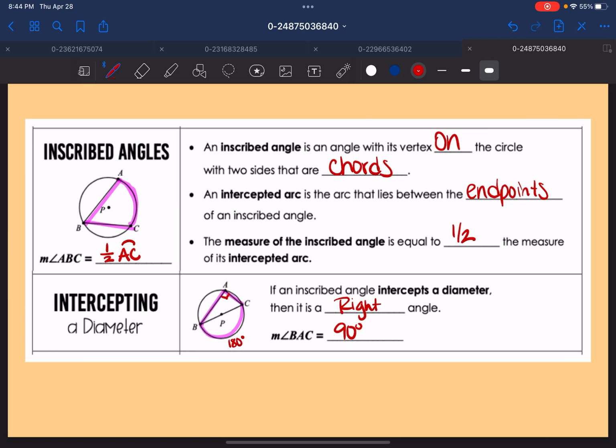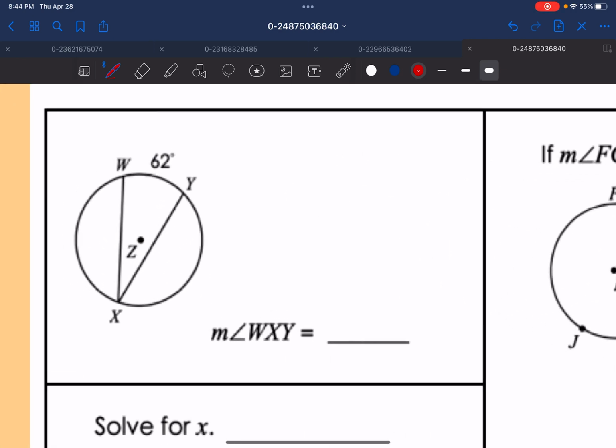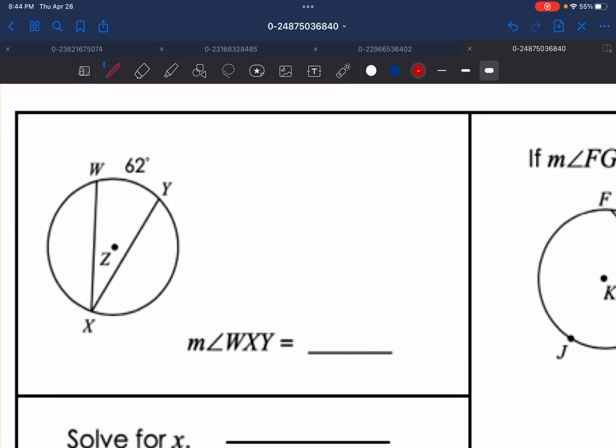All right, let's look at some examples here. So let's start with the first one. The first thing I want you to do, especially till you get really familiar with this, is put the formula. We're going to abbreviate. We're going to say angle equals arc divided by 2. So we've got our angle symbol and our arc symbol, and we're just going to substitute what we know for angle and arc.